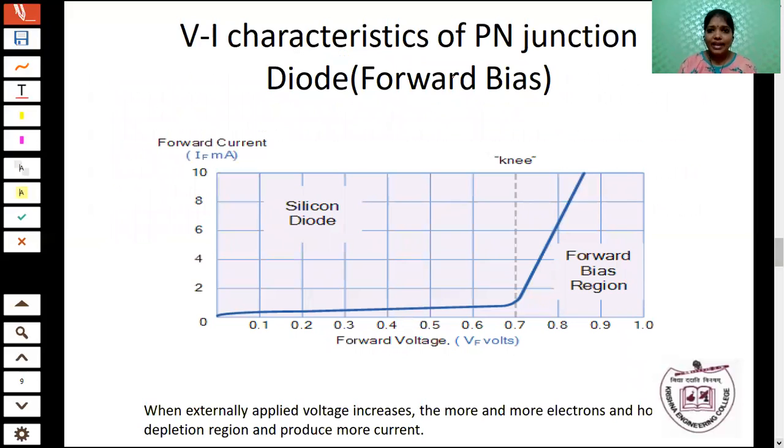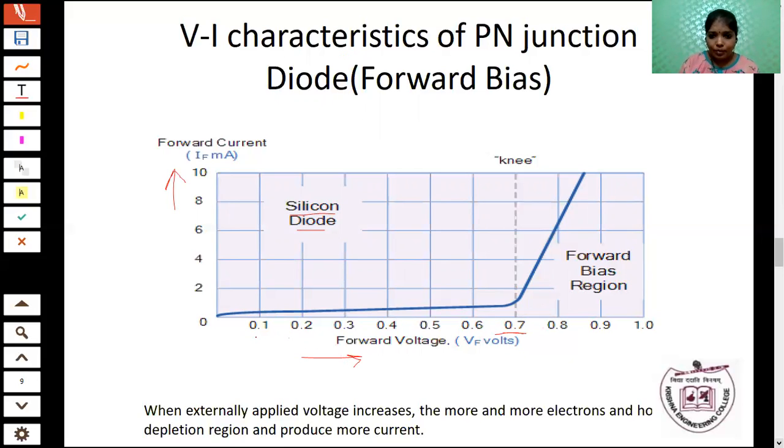So this is the VI characteristics of the PN junction diode under the forward biasing condition. On the y-axis, we are going to take the forward current. On the x-axis, we are considering the forward voltage. So forward voltage means what? The voltage which we are applying using an external energy source, that is the battery or any other power supply. Okay. So for example, here I am considering this VI characteristics for the silicon diode. You know that for a silicon diode, the knee voltage is 0.7 volt. Okay.